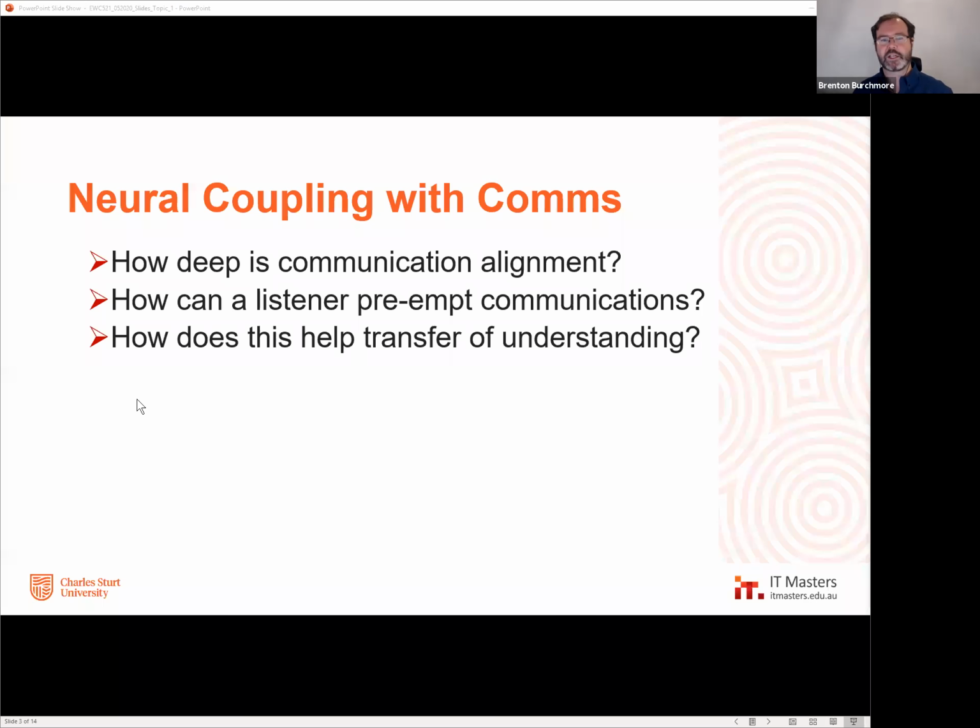So when we need to communicate professionally, we need to transfer understanding. We need to be able to help somebody else understand something as thoroughly and as effectively as we understand it. We need to transfer not just information, not just data, not just knowledge even. We need to help them understand the background. We need to help them understand the why.